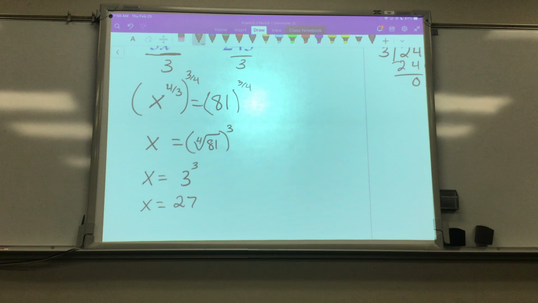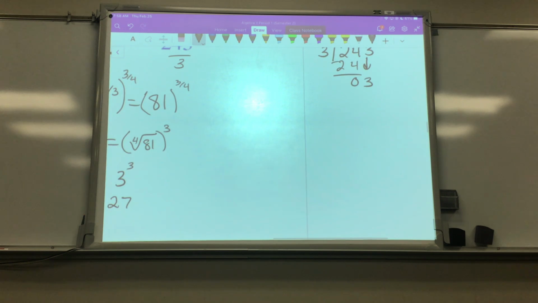Now, one thing with this way, like when we solve x squared equals 4, you square root both sides, right? And when you're in the process of solving and you take an even index radical of both sides, what else do we have to consider? Plus or minus, don't we?